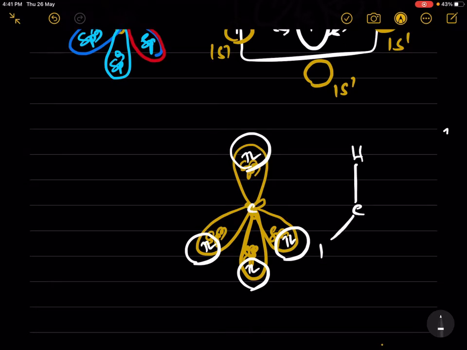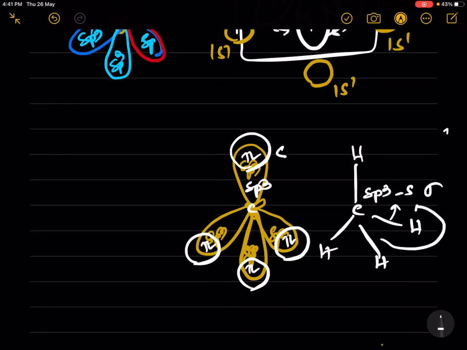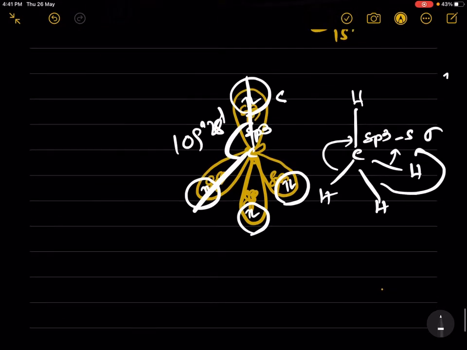Sigma bond, sigma bond, sigma bond, sigma bond. This is sp3-s sigma bond, sp3-s sigma bond, sp3-s sigma bond, sp3-s sigma bond, and the bond angle is 109 degree 28 minutes, and the shape is a regular tetrahedral.